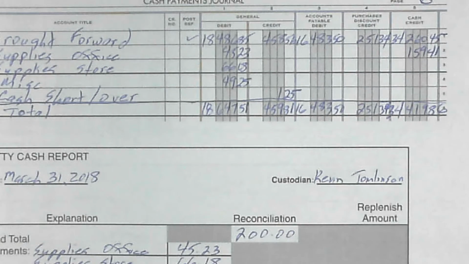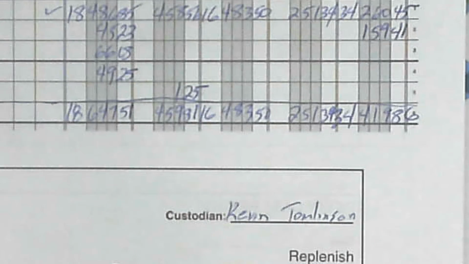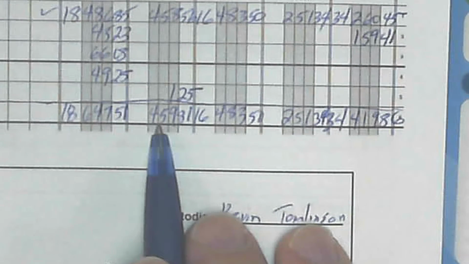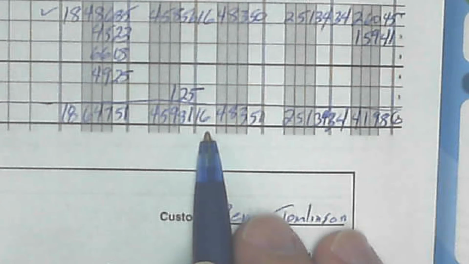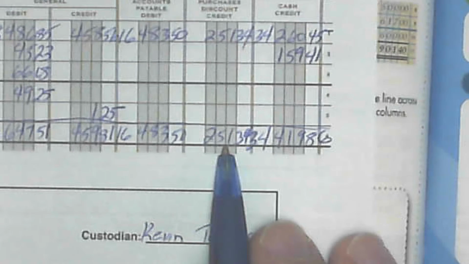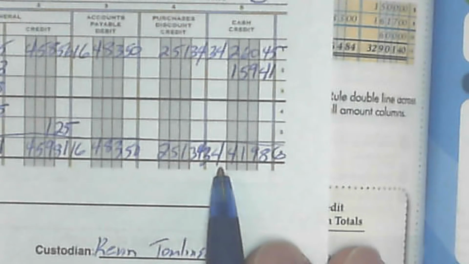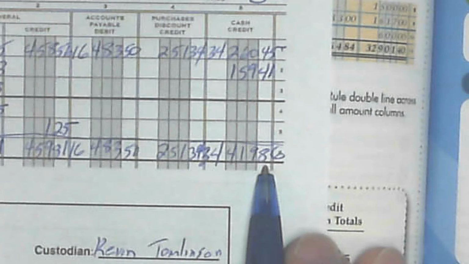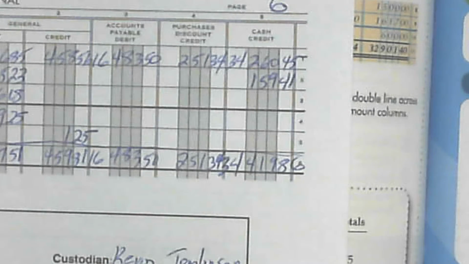Yeah, I know it's hard to see. So this one's 18,647.51, $459.81, 16,483.50, $251.34, 34,419.86. Right? Double check. Yeah. Okay.